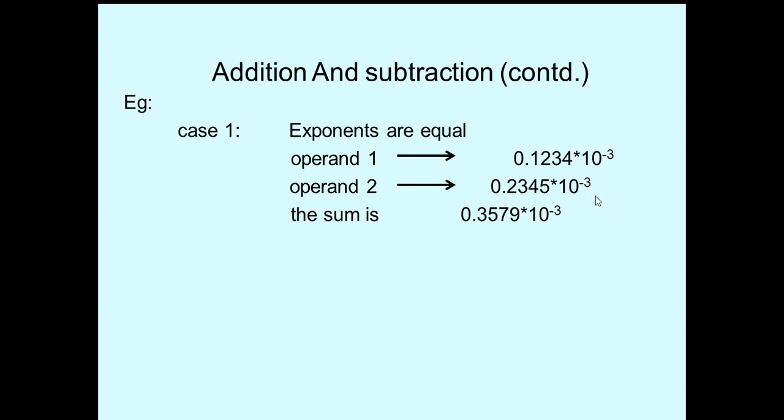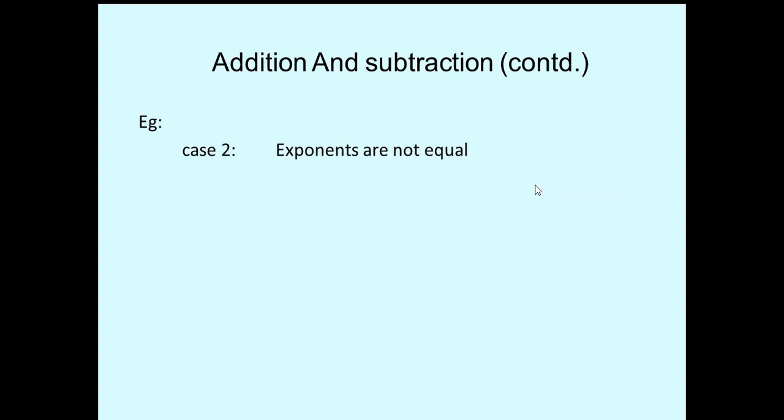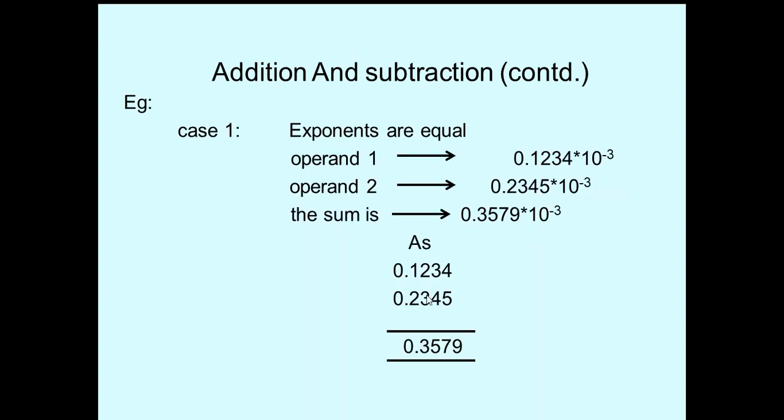Because here the exponents are already equal. So like this, 0.1234 and 0.2345. So like this we will get the result 0.3579.